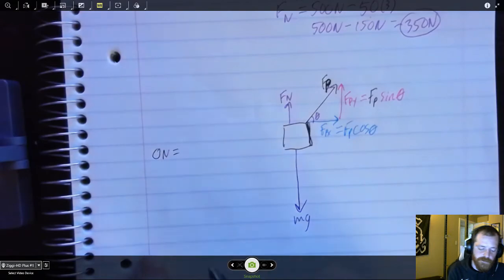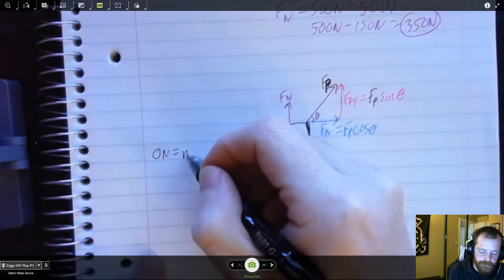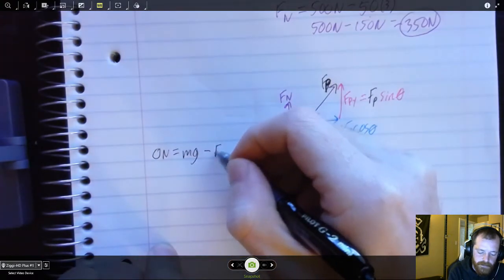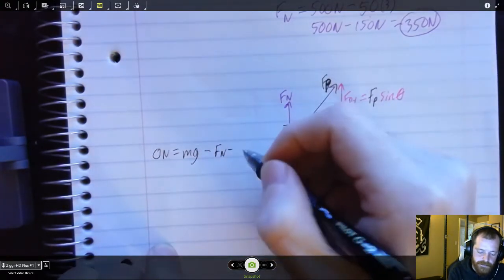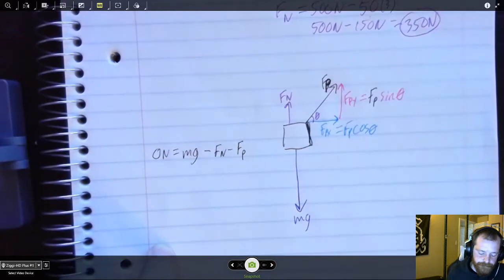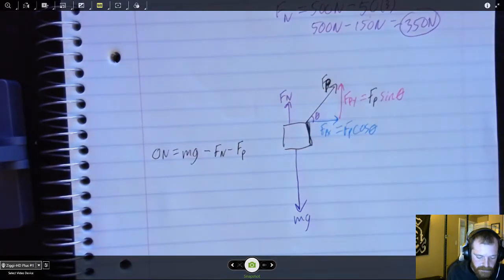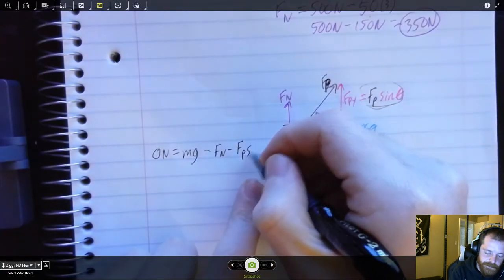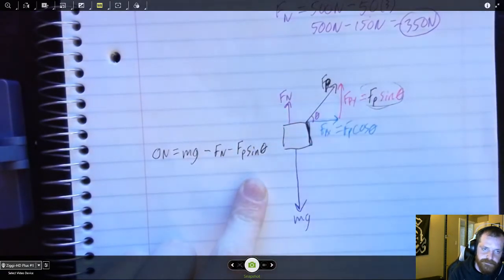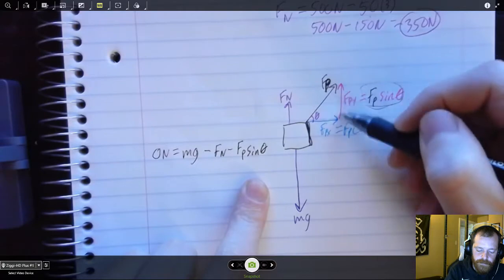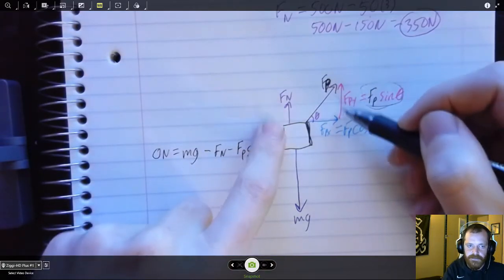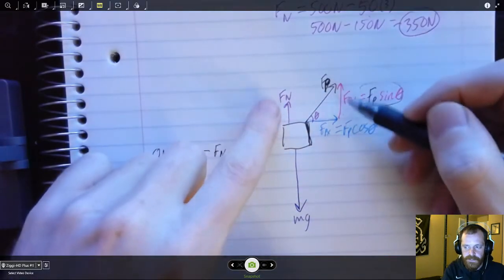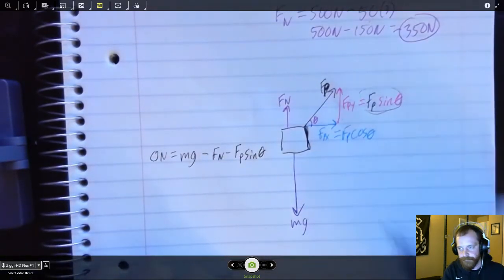Well, the force pulling down is mg, and that's going to be subtracted by Fn minus Fp sine theta, the vertical component, right? These two are going to add together to oppose this down here.